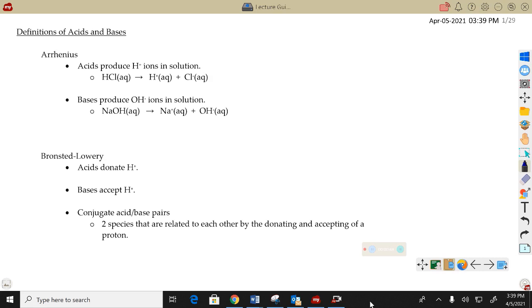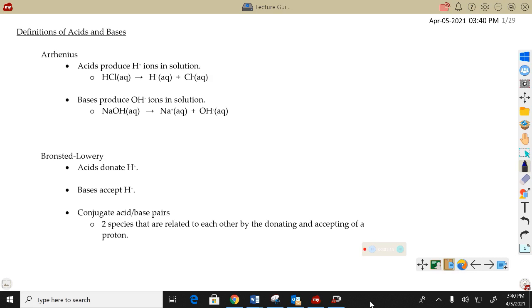A strong base would dissociate 100%, and one of the ions produced is hydroxide. So you'll notice that with these two equations listed up on top under the Arrhenius definition, there's just a one-sided arrow because strong acids and bases like these would really just dissociate 100%, and they don't have a tendency of going in reverse.